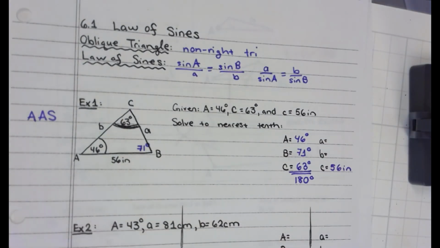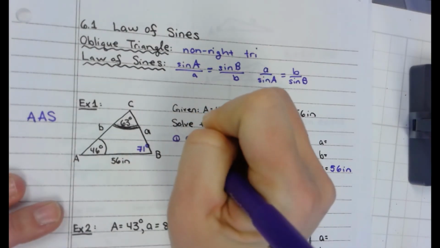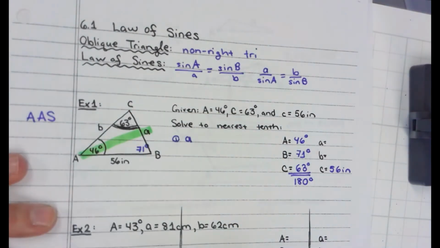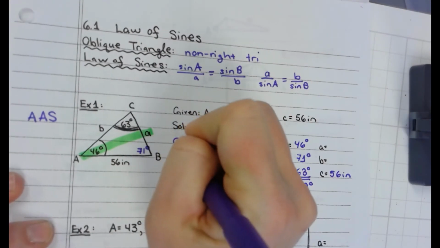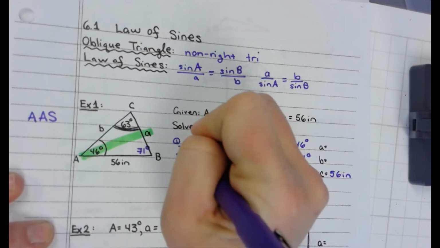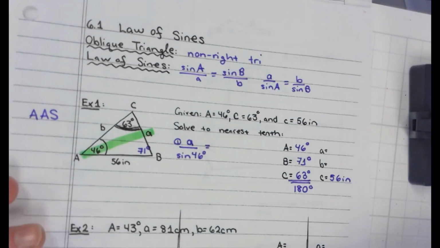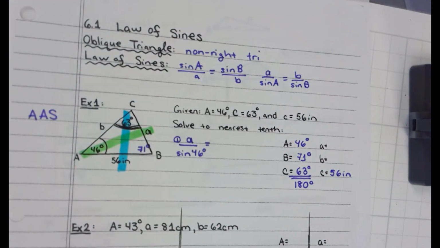Okay, so now we have a choice, and we can either find side A first or side B. It really does not matter. Okay, so why don't we find side A first? Little a, and he's opposite of 46 degrees. So little a over sine of 46 degrees is equal to, the other opposite we were given was the 56 to the 63.